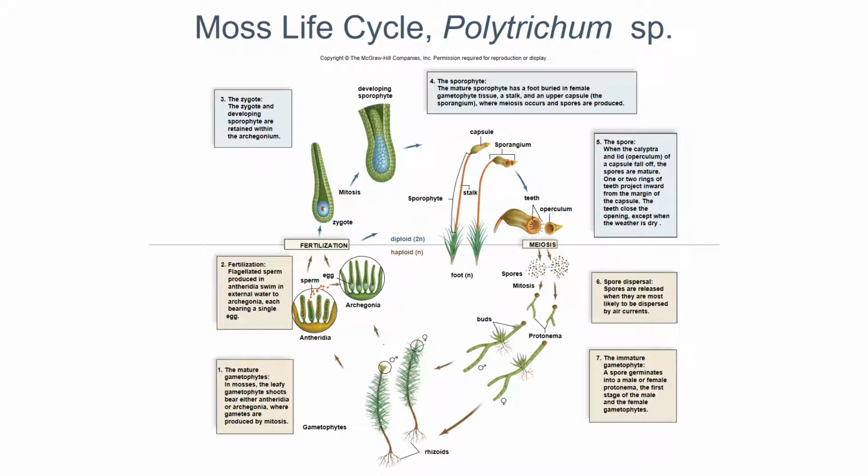Then you get an immature gametophyte. The spore germinates into a male or a female protonema, the first stage of the male and female gametophytes. Then the cycle starts all over again. This is going on all the time.